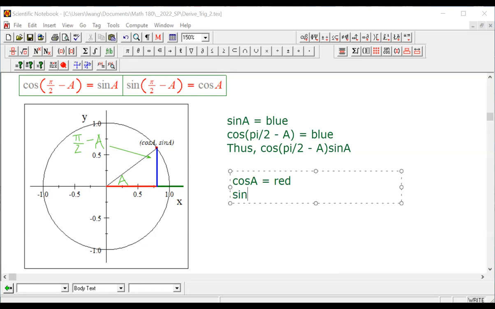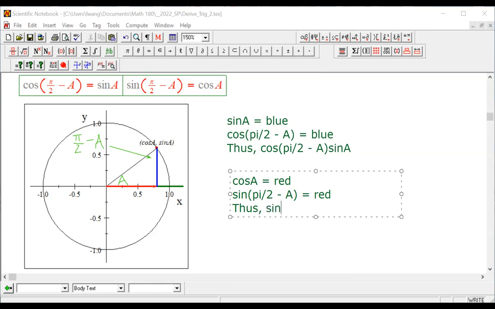So sine of pi over 2 minus A is also the red. Okay, thus sine of pi over 2 minus A is equal to, oh wait, I missed the equal sign here, is equal to cosine A.